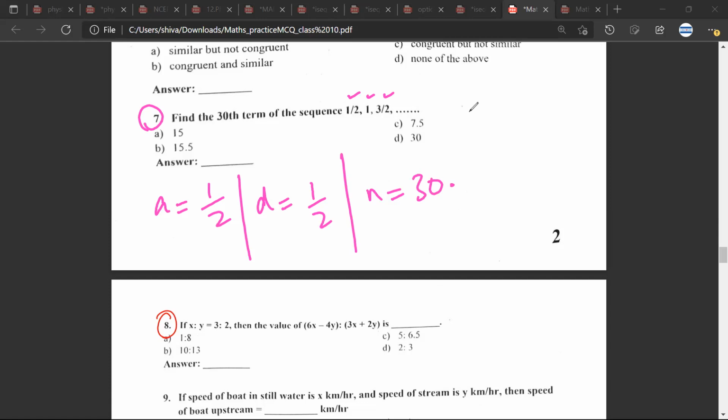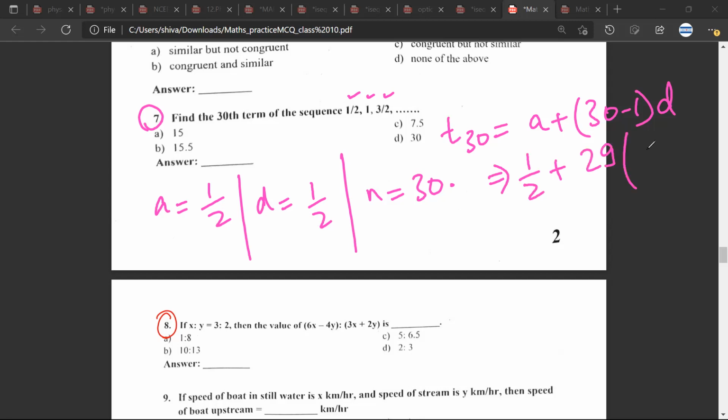A plus (N minus 1) into D. So 1 upon 2 plus 29 into 1 upon 2. Answer will be 15. Correct. Great.